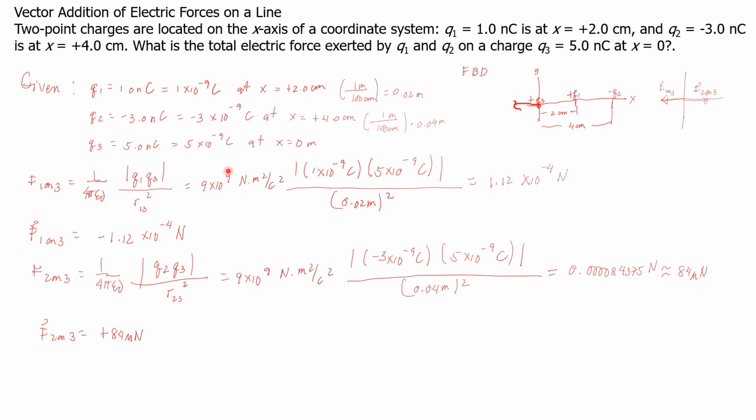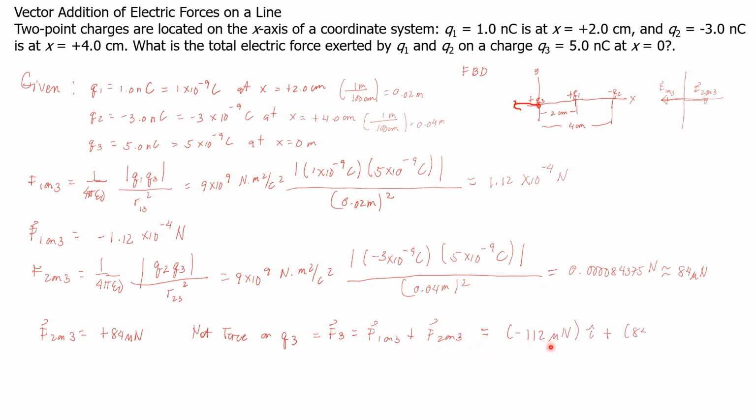And since we need to know the total electric force, the net force F3 is given by adding the force of 1 on 3 plus the force of 2 on 3.